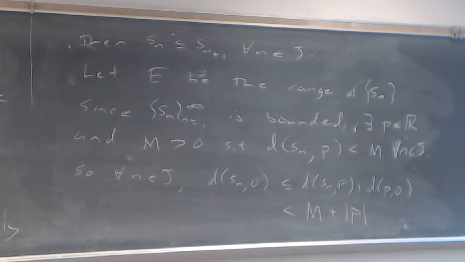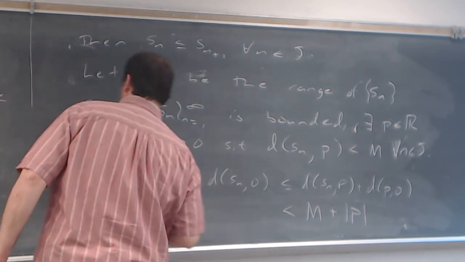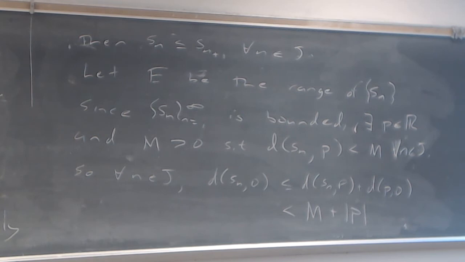So when I said we're thinking about the usual metric, the distance between S of n and 0 can be represented by a difference within absolute values, and that's what I'll do next.